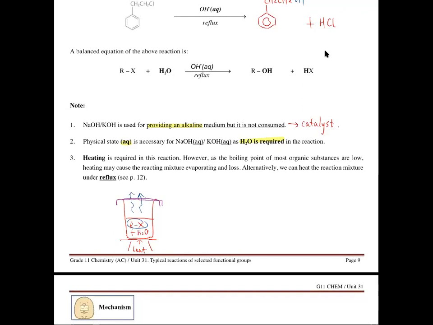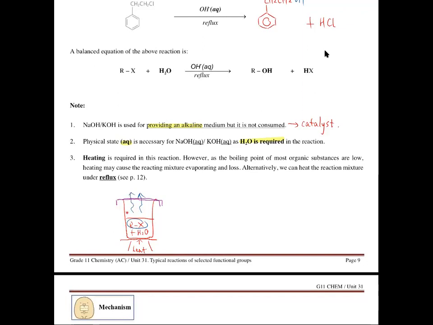So if I add a lid onto it, yes, it can block the haloalkane from escaping the system, but it will build up the pressure inside your container because it's closed. The evaporated haloalkane will stay in the container, build up the pressure, and it may explode in this case.